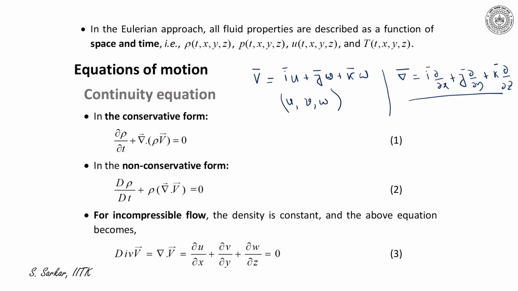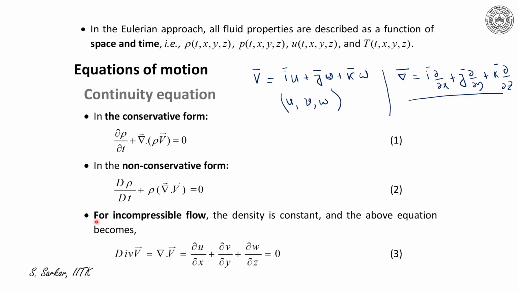So let's come back. This is the equation in the conservative form. ∂ρ/∂t is the local change of density. Now in non-conservative form it would be Dρ/Dt plus ρ ∇·V is equal to 0. Dρ/Dt represents the total change, that is local change plus convective change.